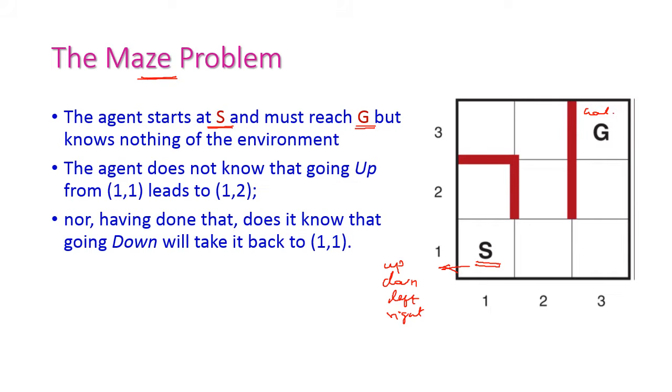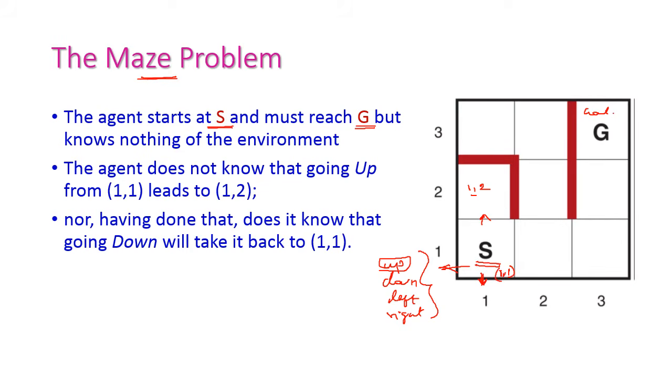It can move in all directions, but the agent cannot know anything about whether, if it performs up, it will reach 1 comma 2. And if it performs move down, it cannot go down, but will be in the same state, that is 1 comma 1.